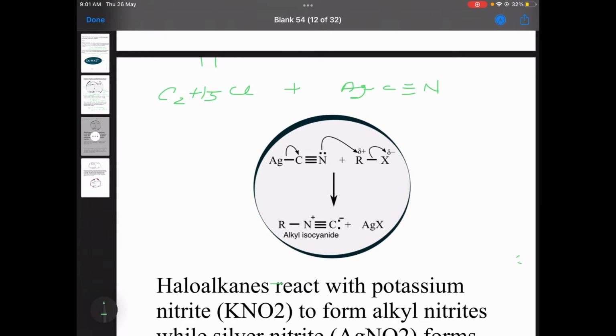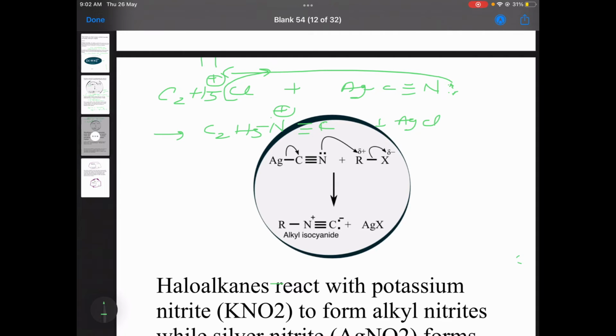So what will happen? In this AgCN, the Cl will be ousted, and the alkyl group will develop a positive charge, and this nitrogen will attack this particular positive charge. Since it is predominantly covalent in nature, Ag+ and CN- cannot be formed, and therefore the nitrogen lone pair of electrons goes and attacks the ethyl group, giving C2H5NC, sorry, and simultaneously AgCl is out.